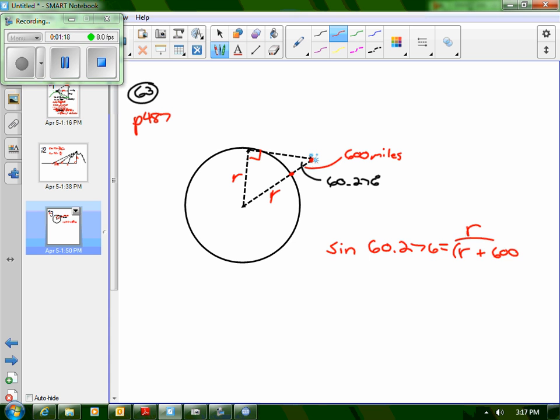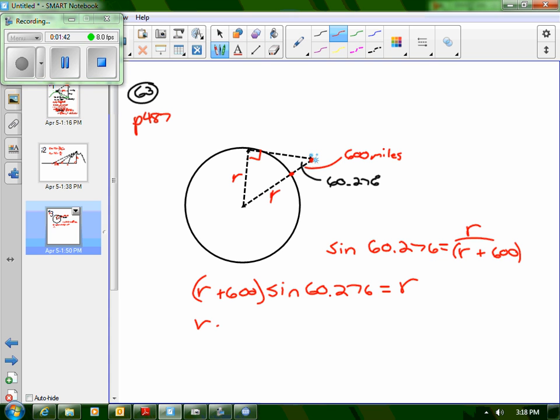I can multiply both sides by this r plus 600 to get it over on this side. So we'll have r plus 600 times the sine of 60.276. That equals r. We can use the distributive property here to distribute.